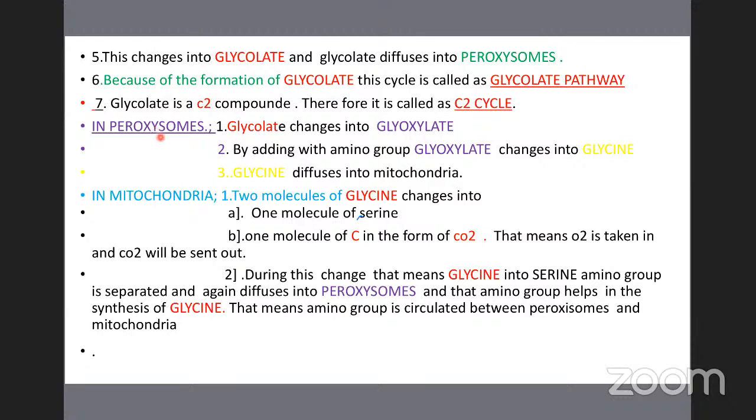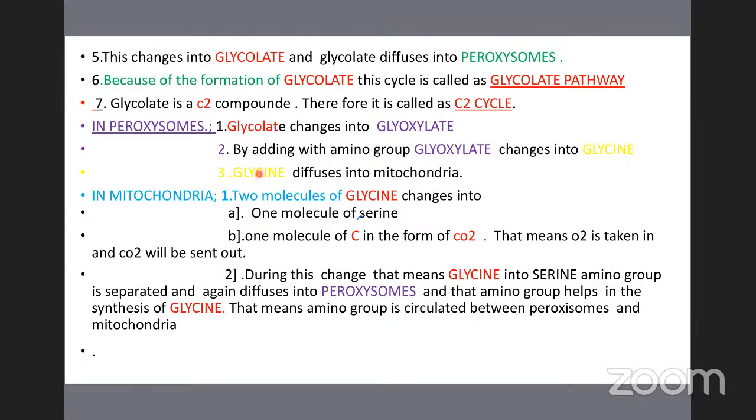In peroxisomes, glycolate changes into glyoxylate, and by adding an amino group to this glyoxylate, it changes into glycine. And this glycine diffuses into mitochondria. So the changes in peroxisomes are the changing of glycolate into glyoxylate, and the adding of an amino group to this glyoxylate changes it into glycine.